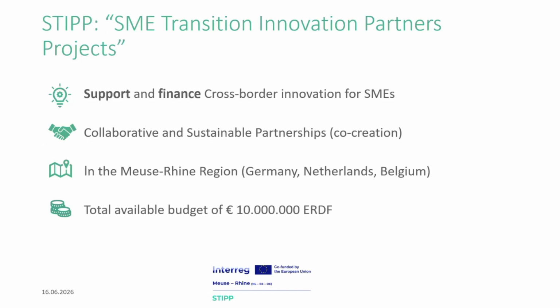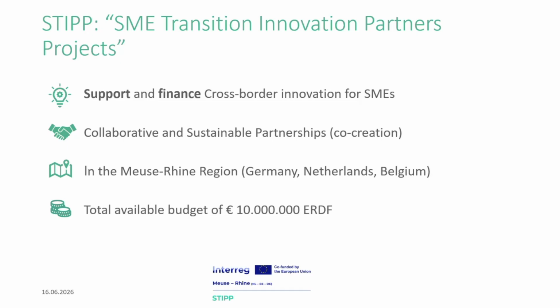So what is STIPP? STIPP is short for SME Transition Innovation Partners Projects. Quite a mouthful, but we are here to support and finance cross-border innovations for SMEs. We see that within this region we have quite some SMEs with expertise, but that you can build even more innovative ideas if you connect those SMEs together and that they can build together.